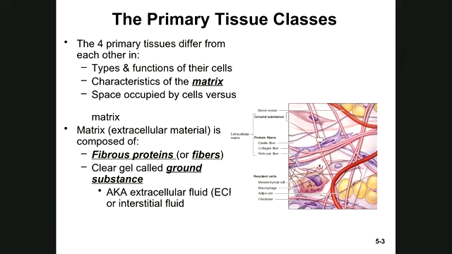Some of them are pink here, some of them, as you see in this picture, are dark purple, and some of them are brown. They are different fibers, and I will talk about them later. And between the fibers, we have a pale pink gel material, which we call ground substance.